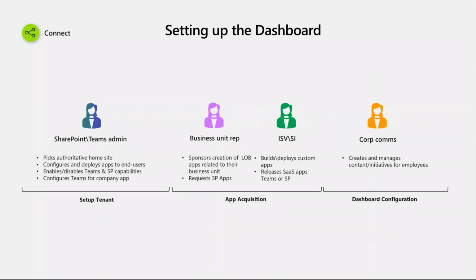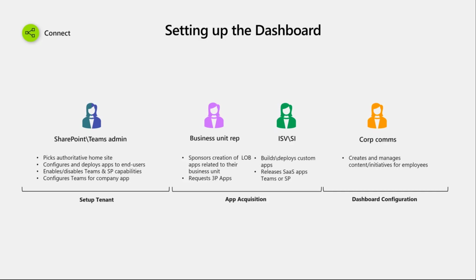Because again, one of the traits of Viva Connections is to be able to aggregate functionalities not only from first-party solutions, but also from third-party solutions, either by connecting existing third-party applications, I'll show you what I mean by that, or by having solutions that were built directly for Viva Connections using the SharePoint Framework and Adaptive Card framework to surface in Microsoft Viva Connections, and specifically in the dashboard.